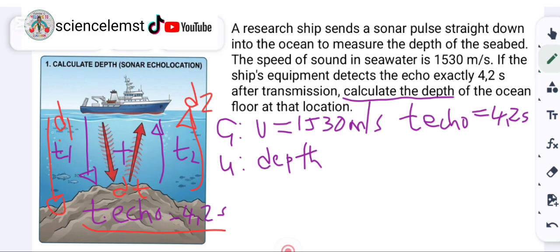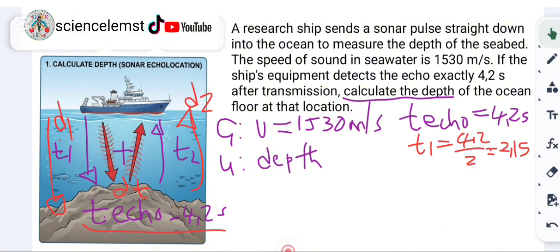But now, because I understand what this means, I can now know how long it took for the sound to go down. So my T1 is going to be 4.2 divided by 2, which is going to give me 2.1 seconds. That is the time the sound took to go down. I know the speed that it traveled to go down.